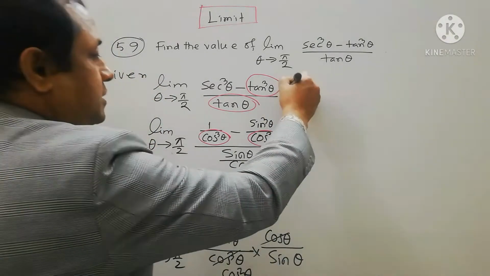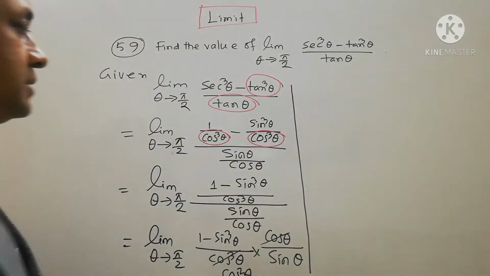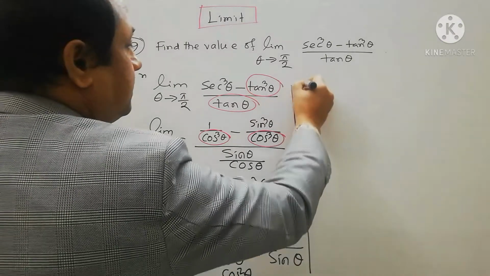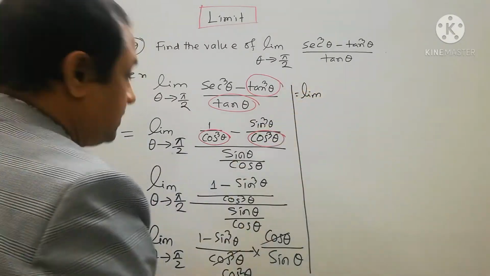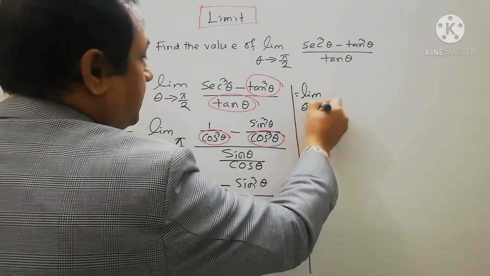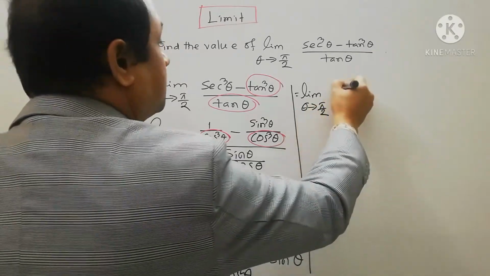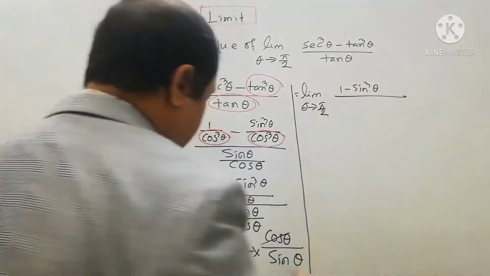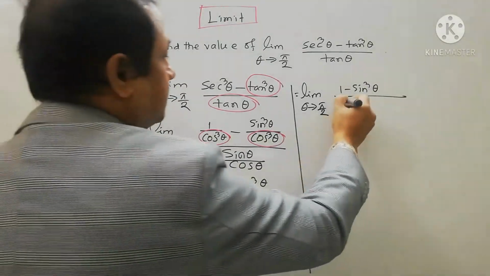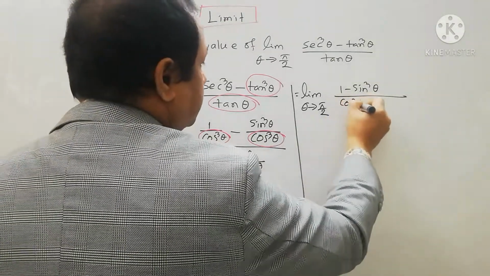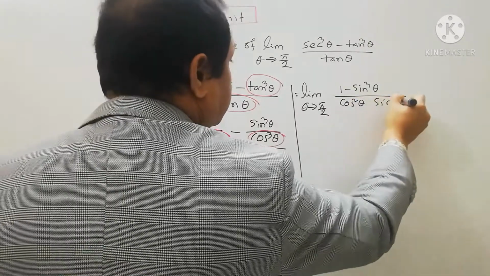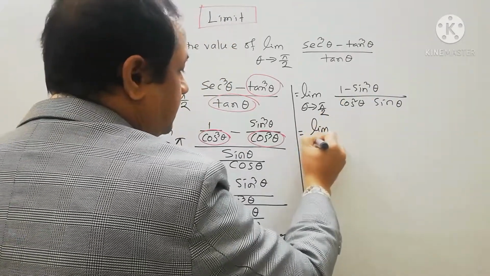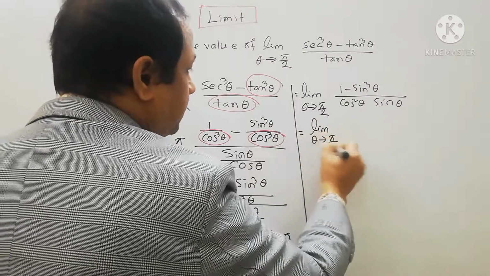So student, attention please here. Next line equals limit theta tends to pi by 2, 1 minus sin cube theta by cos square theta into sin theta.